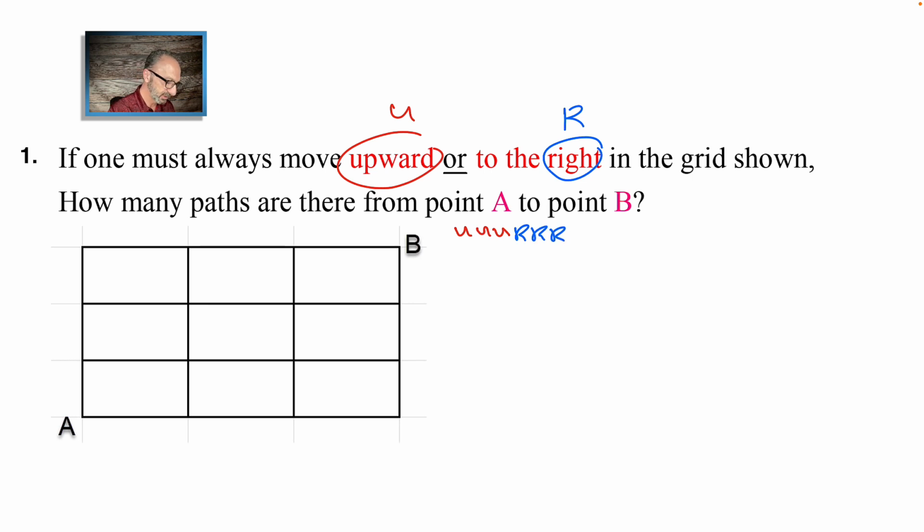The second option was up, right, up, right. That was the second option. But notice what's going on here. Every single time there are 6 steps: 3 U's and 3 R's.